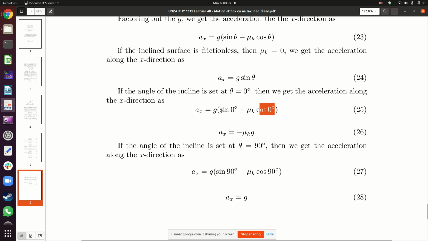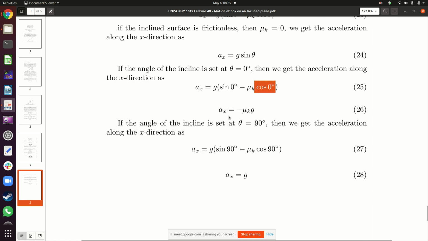In this case, sin 0 degrees is equal to 0, and cos 0 degrees is equal to 1.